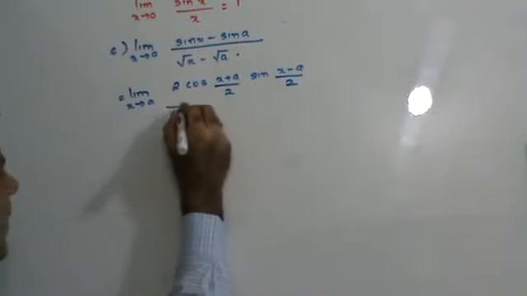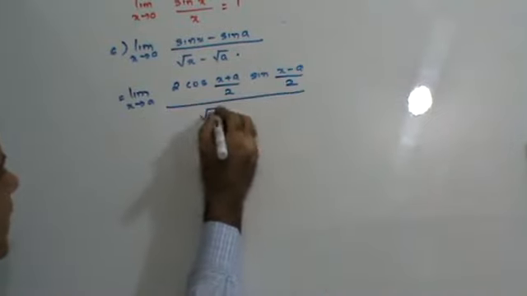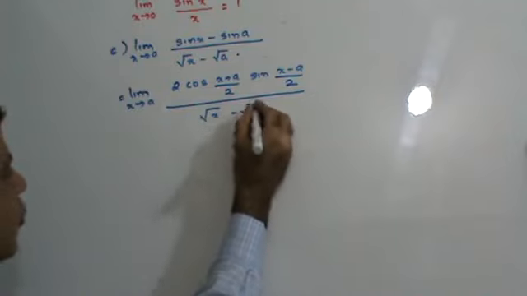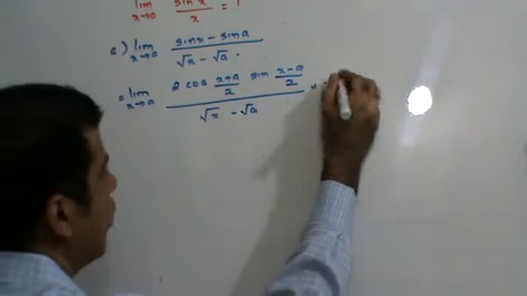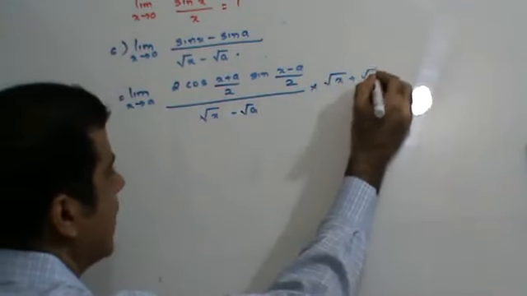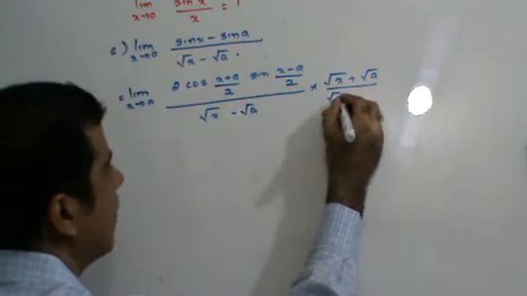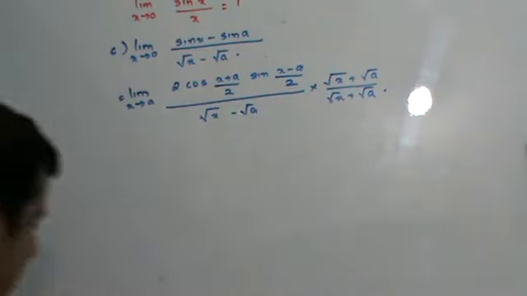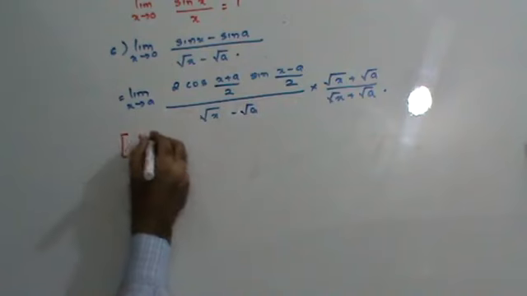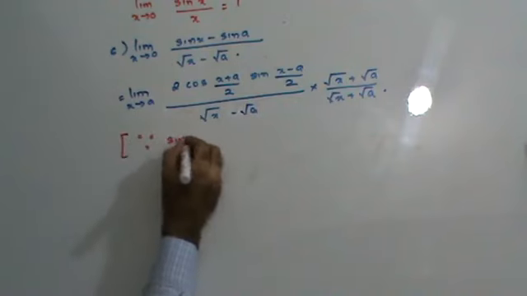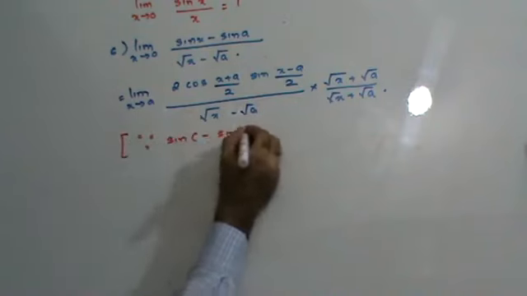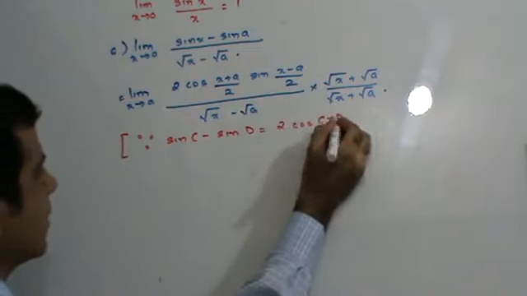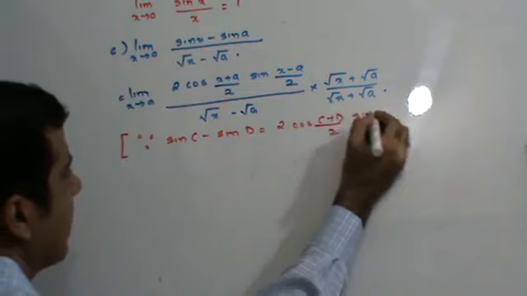I'm using the factorization formula, divided by root x minus root a. Rationalize the denominator, root x plus root a upon root x plus root a. I will write the formula for your benefit. I'm using the factorization formula. Sin minus sin is 2 cos sin.